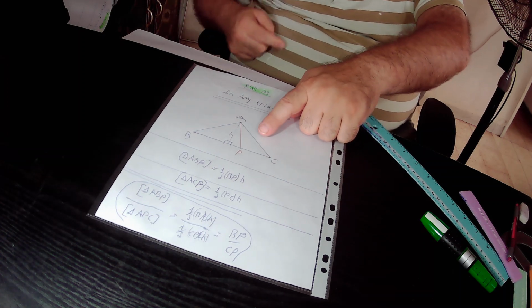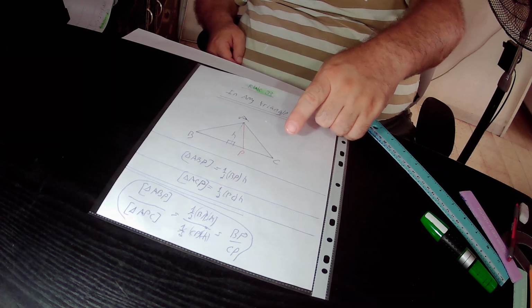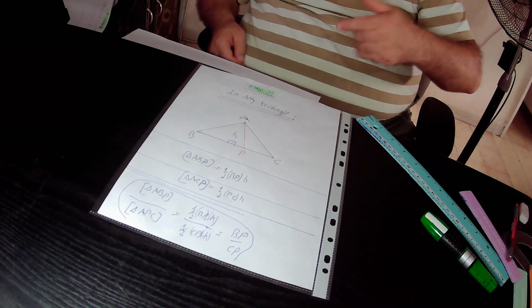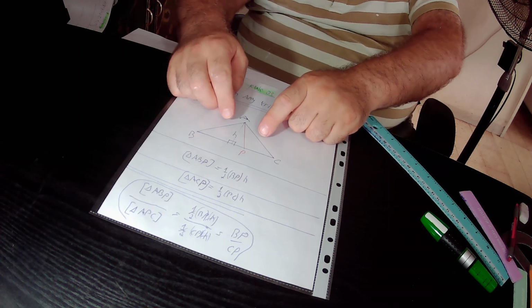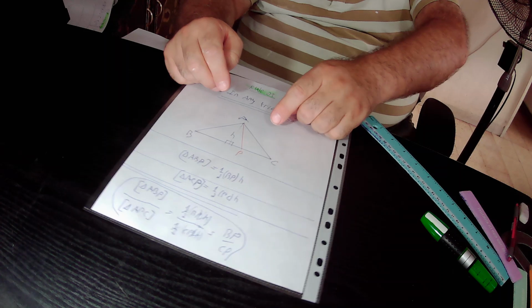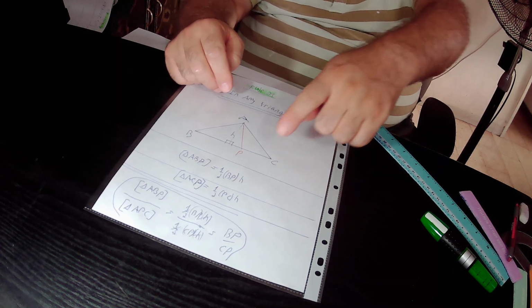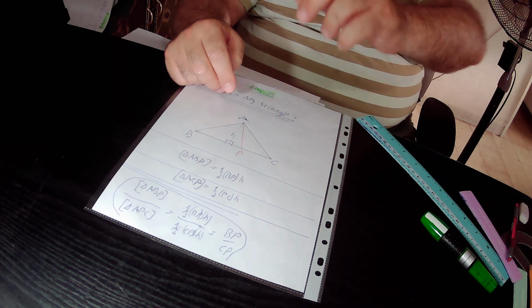Likewise, the area of this small triangle APC is equal to the base PC times the height H over 2. Both of those two small triangles have the same height, that is H.